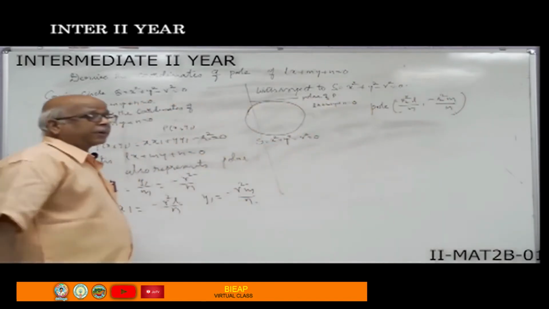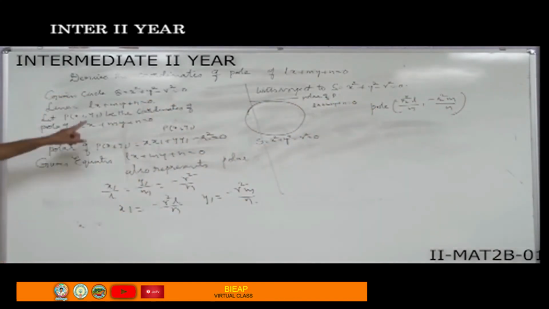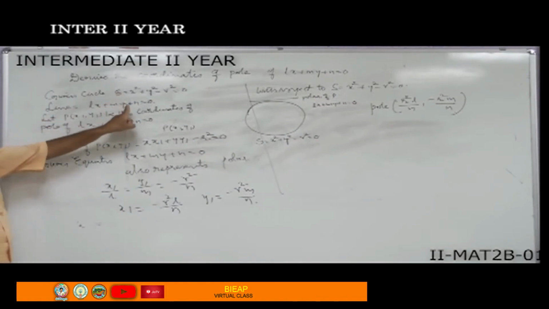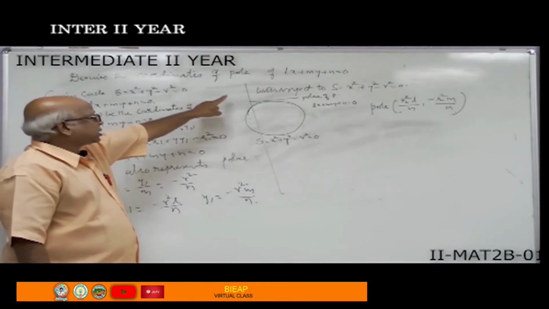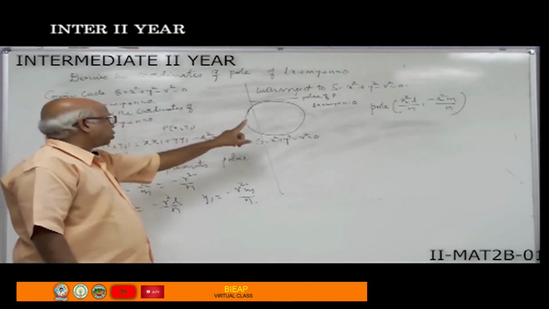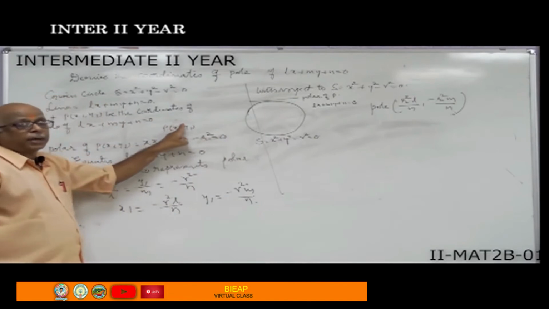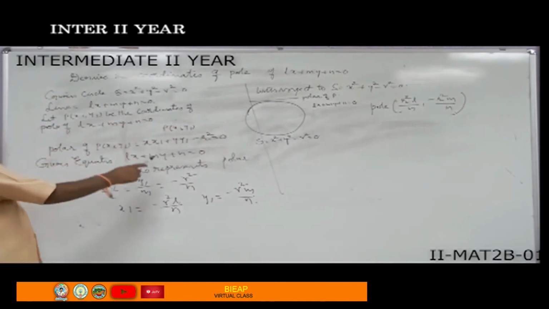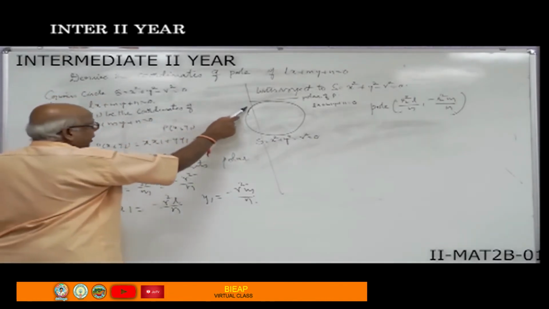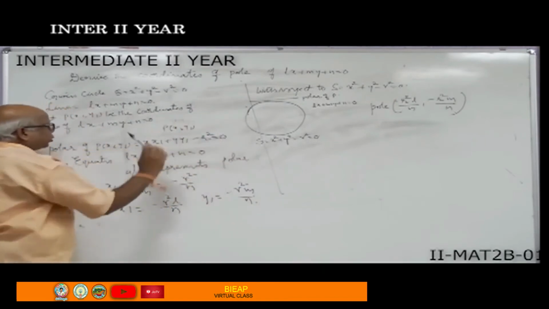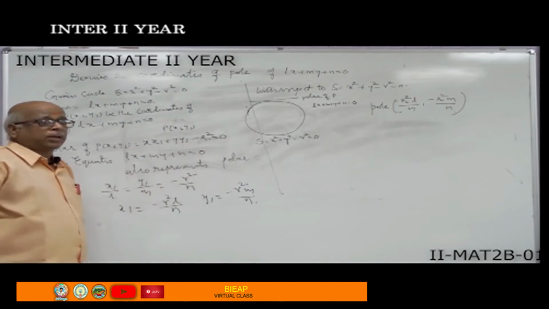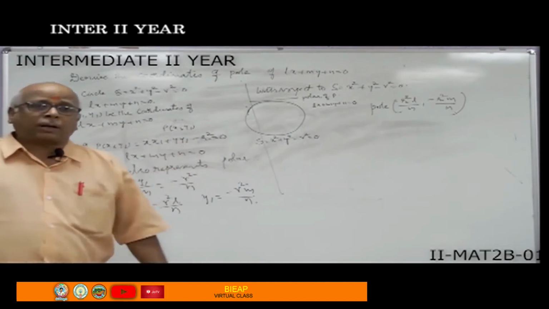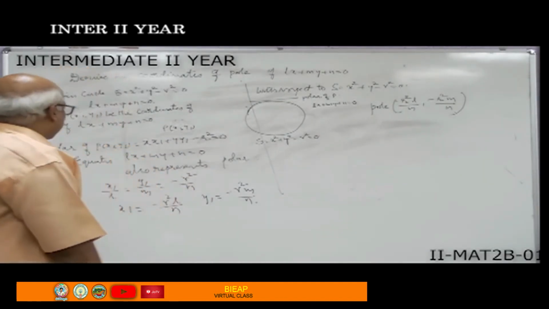The total derivation, once again I will repeat. Given circle is this one, given line is this. We are supposed to find out the pole coordinates of this line. As we don't know them, let us assume P x1 y1. When you call this the pole of this line, this line becomes the polar of this point. So I determined the polar equation using the formula xx1 plus yy1 minus r square equal to 0.